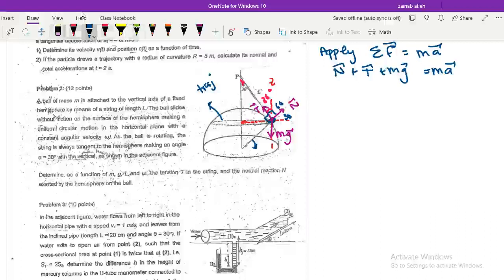So what will I do? I will erase everything. I have alpha equals 30, so this one is alpha.